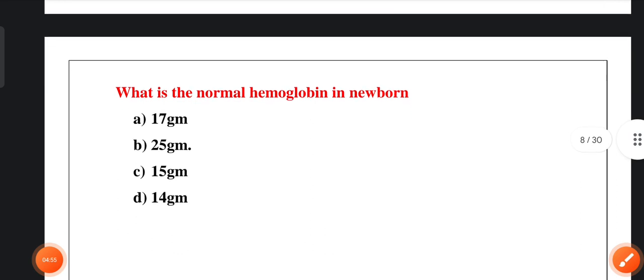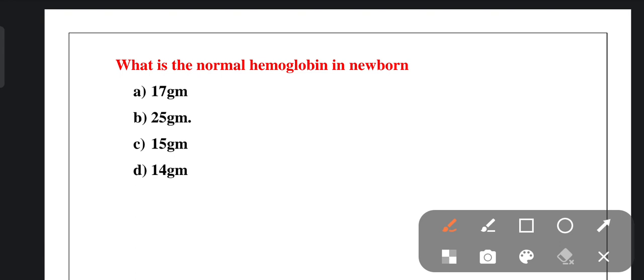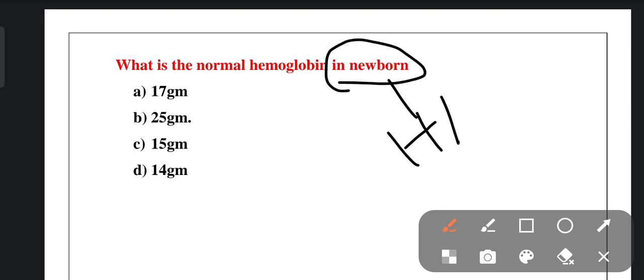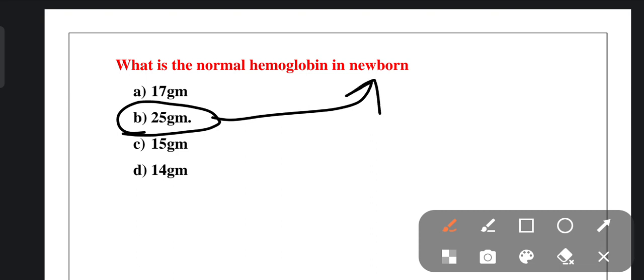So the next question is, what is the normal hemoglobin in a newborn? Here I am asking, in the case of a newborn, how much Hb will be present? The options are 17 grams, 25 grams, 15 grams, 14 grams. The correct option is 25 grams. So the baby will have 25 grams of hemoglobin.